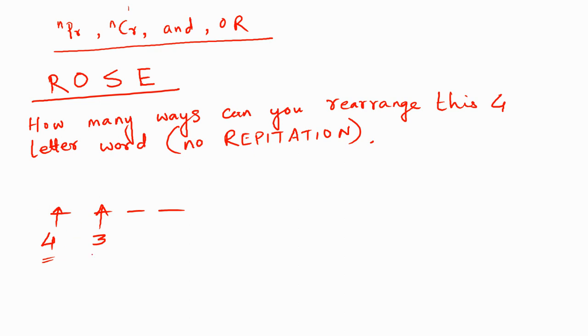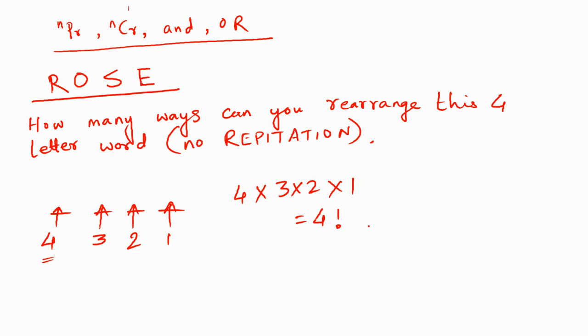So we are left with three letters. The third spot can be filled in two ways, and the last spot in one way. So the total number of ways is 4 times 3 times 2 times 1, which equals 4 factorial.